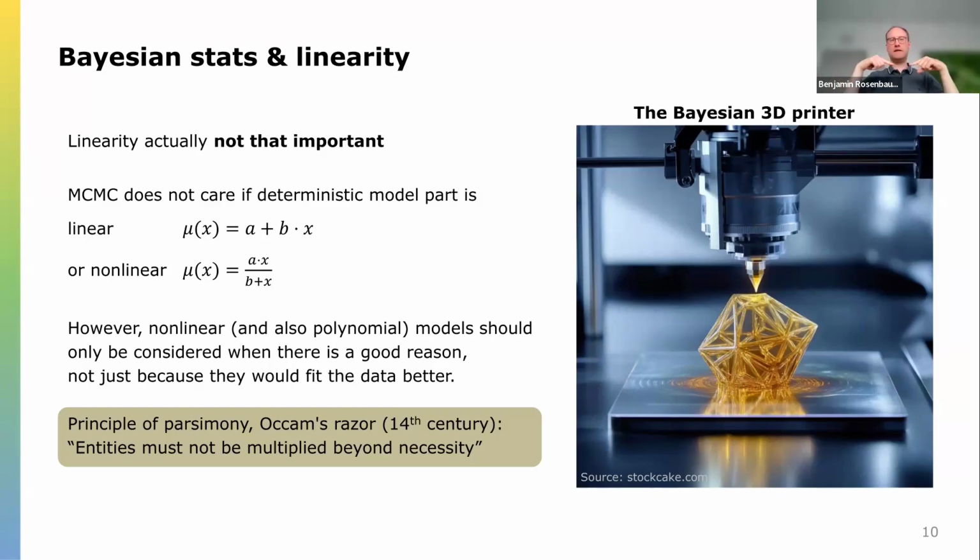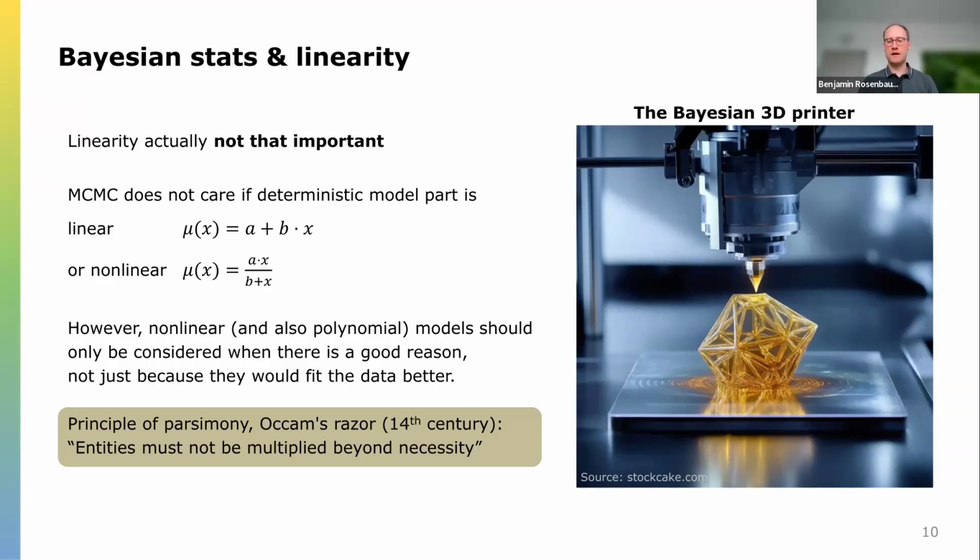In each iteration of the MCMC, you compute the model predictions, and then you calculate your likelihood, you multiply likelihood by prior, and so it just has to calculate the model prediction, and MCMC doesn't care if the model prediction comes from a linear model, so linear in the parameters, or from a nonlinear model. So there's no actual benefit in Bayesian statistics for having a nonlinear model versus a linear model versus something else.